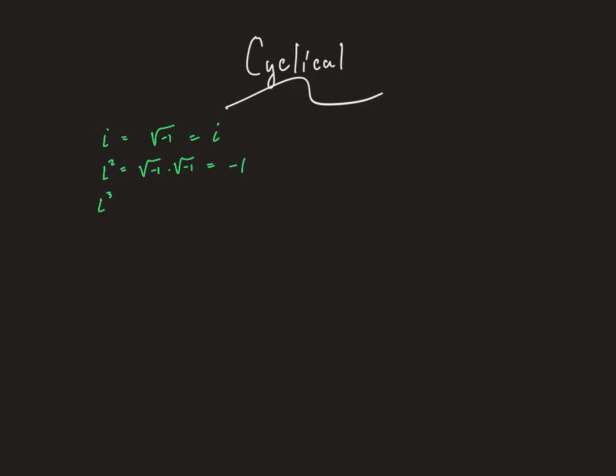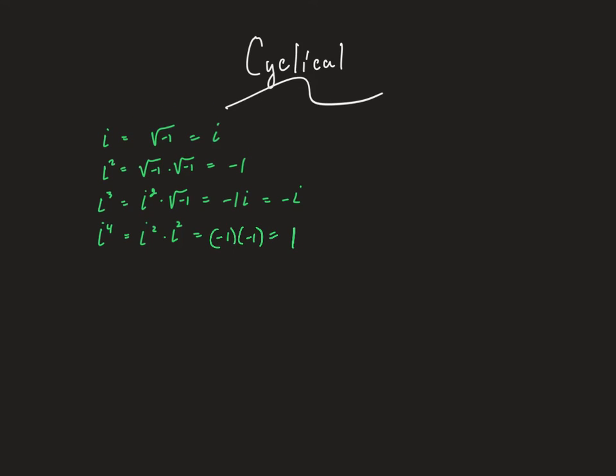Then we have i cubed, which is i squared times the square root of negative 1, which, as we said, i squared was negative 1 times i, which is going to be negative i. And then we have i to the fourth, which is i squared times i squared, which we said is negative 1 times negative 1, which is going to be 1.